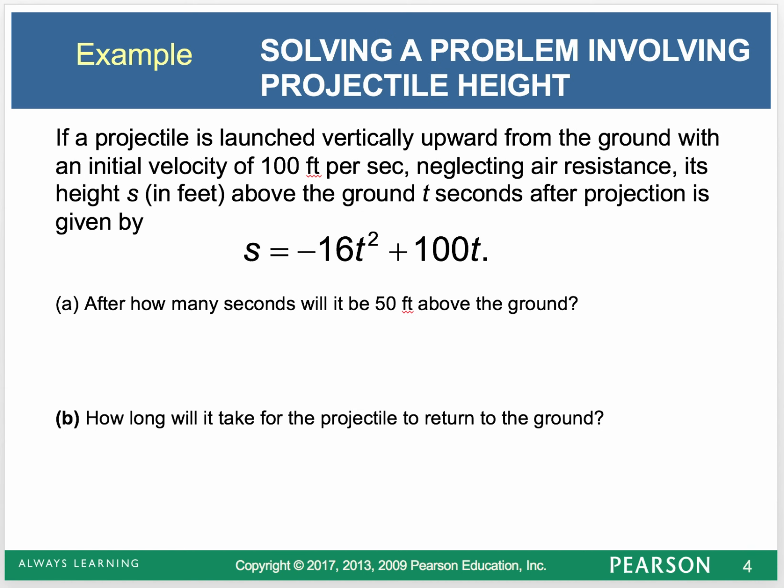Okay, great. These kind are easy because one of the most difficult parts is coming up with that actual equation, and this one's just going to give us the equation, right? So if a projectile is launched vertically upward from the ground with an initial velocity of 100 feet per second, neglecting air resistance, its height s, so the height is s, in feet above the ground, t seconds, so the t is the time, after projection is given by this.